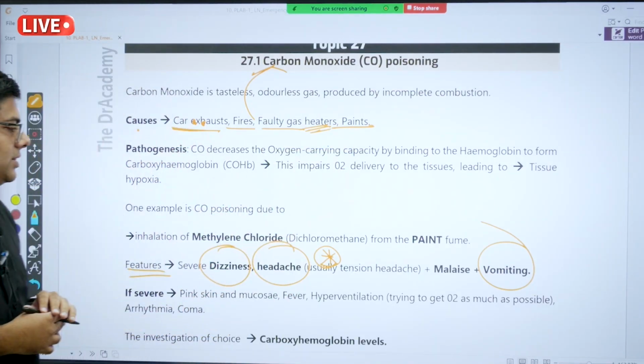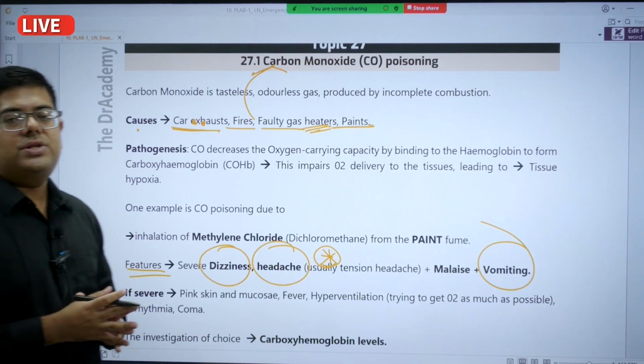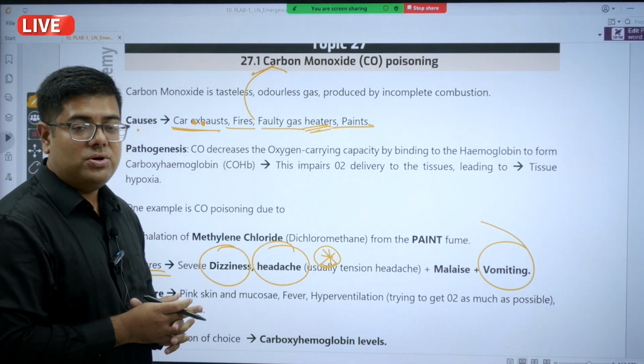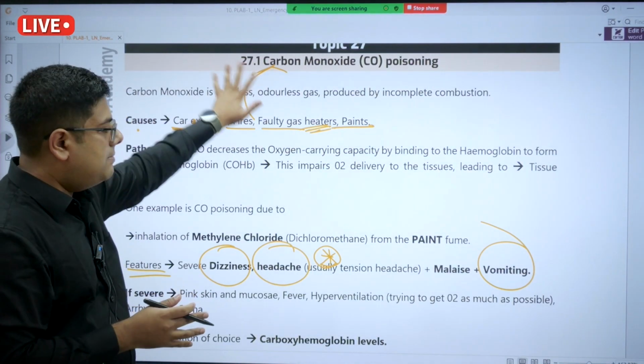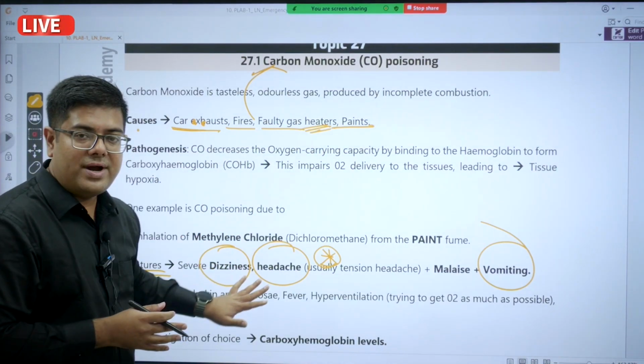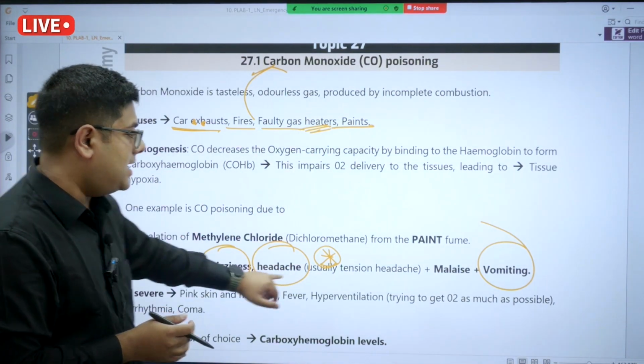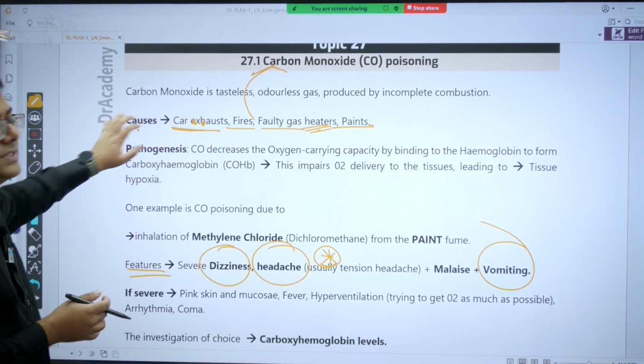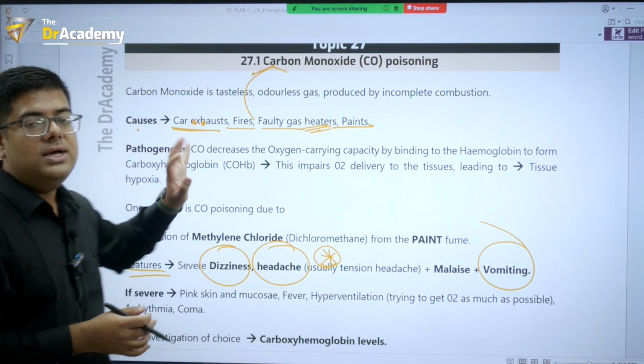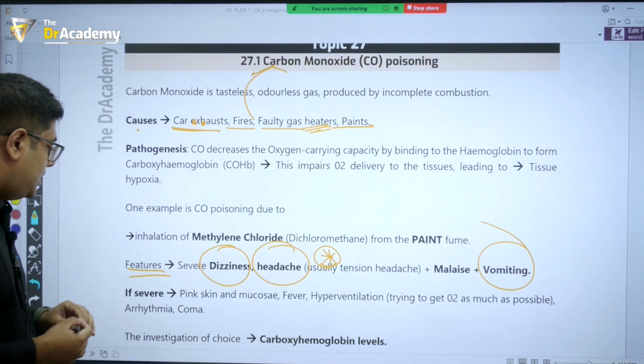If you combine all these, you will be sure that this is carbon monoxide poisoning. You don't need to remember everything. Just memorize the things I have marked. Dizziness, headache, vomiting, and any of these causes. You will be sure this is carbon monoxide poisoning.